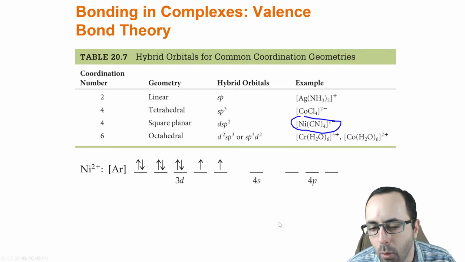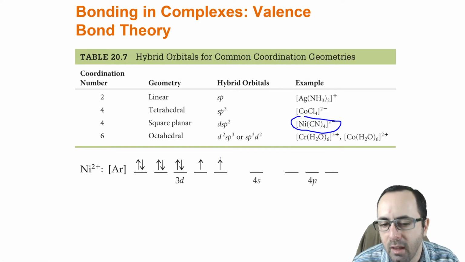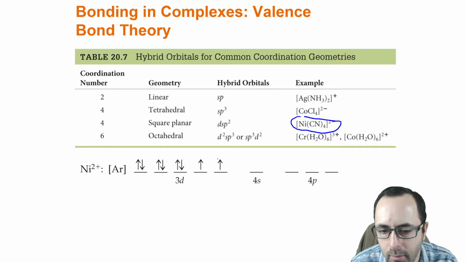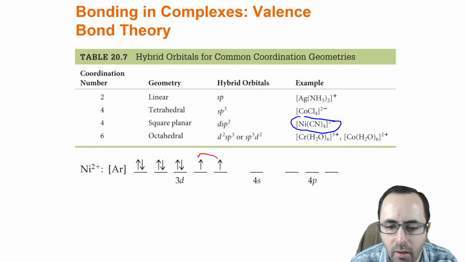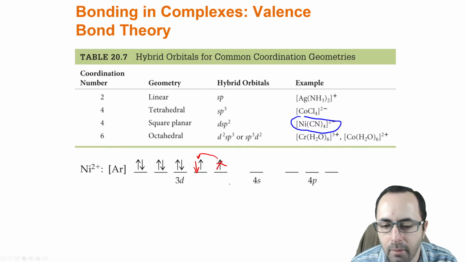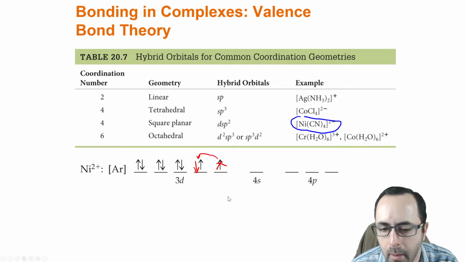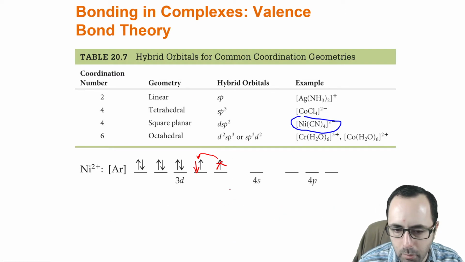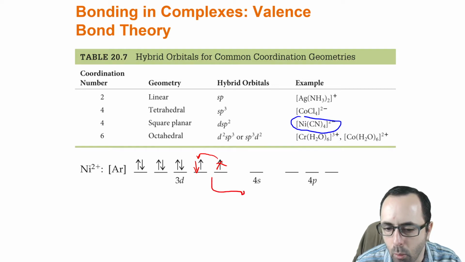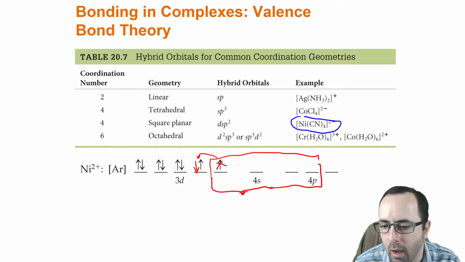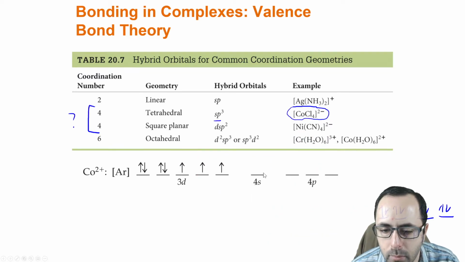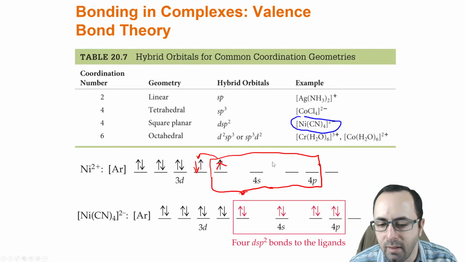So something that will happen a lot of times with d8 is that this electron here will move and pair itself up with this one. So you end up with this, and it's out of here like that. And so this frees up this d orbital for hybridization. So at this point, this d orbital will be empty, and so it can hybridize: one d orbital, one s orbital, and two p orbitals. So these are now the ones that are hybridizing. And that's what we see right here.